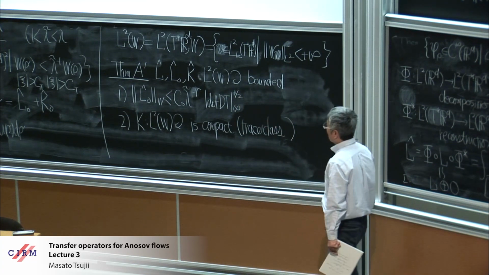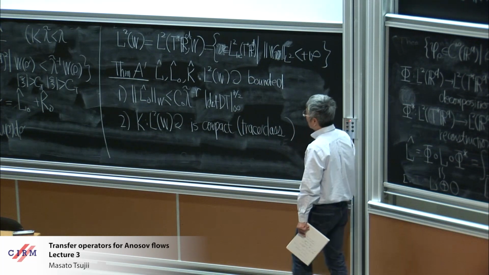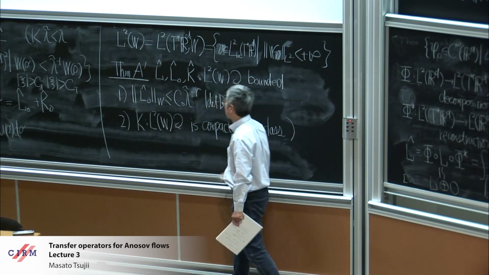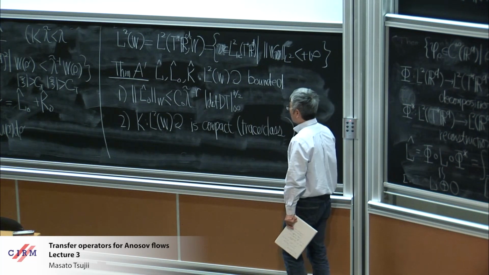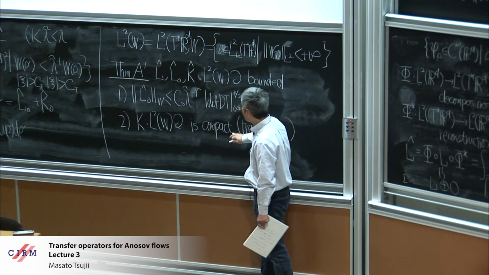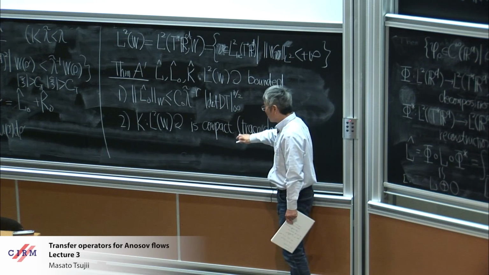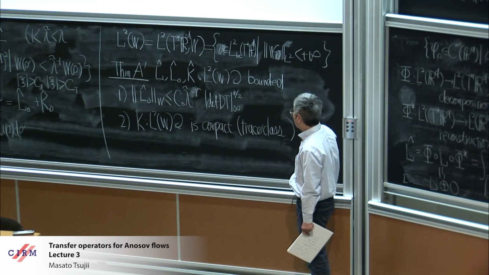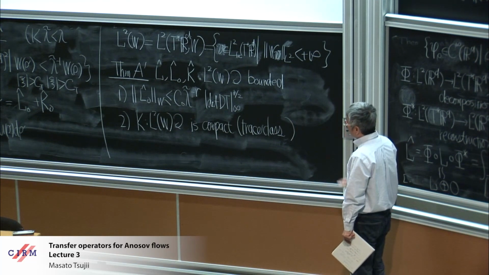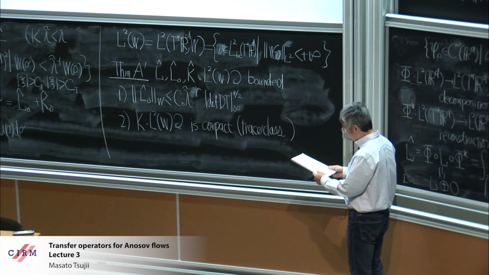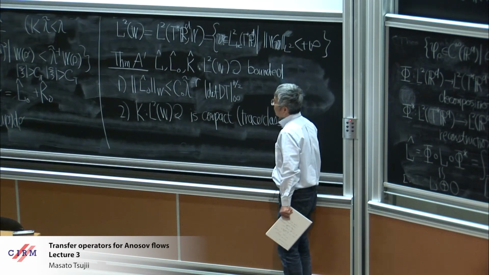So, if you don't know about functional analysis, you can take it that it is very close to a finite dimensional operator or finite rank operator. So being close to a finite rank operator in the operator norm implies compact. And if you consider things in the trace class norm, then this is a trace class operator. And we have this.